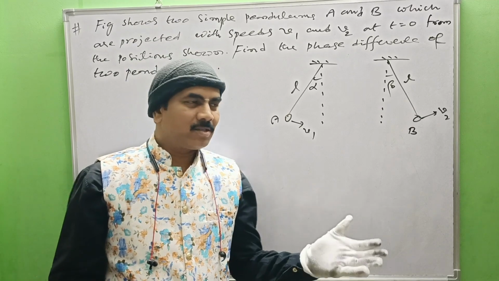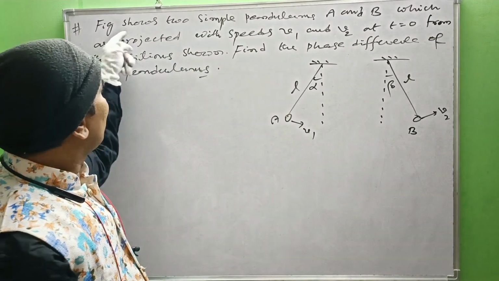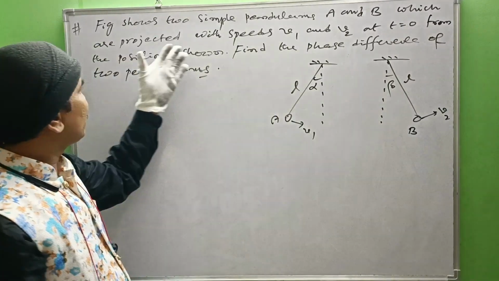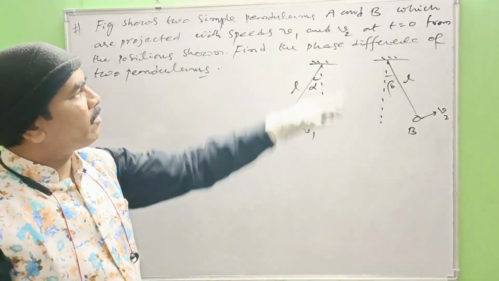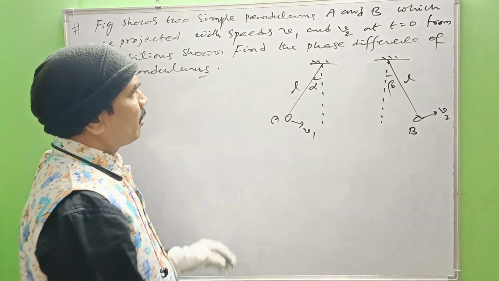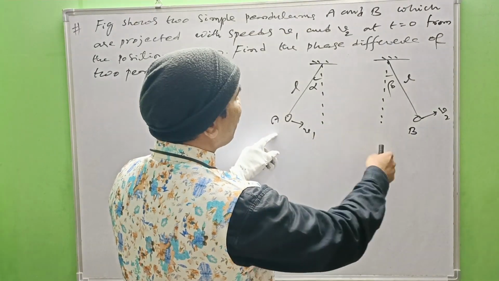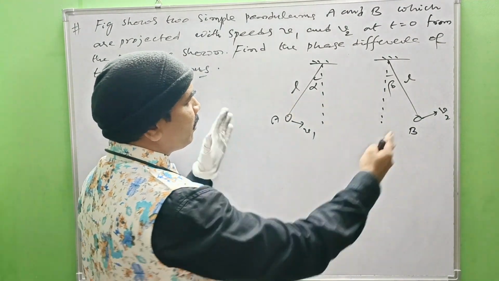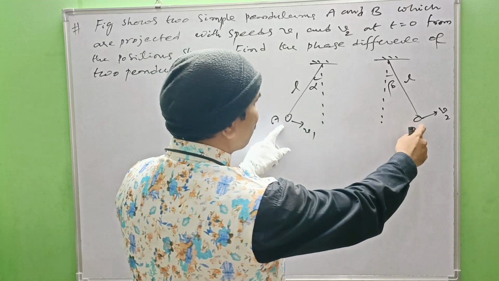Now the second model sum. The figure shows two simple pendulums A and B which are projected with speeds v1 and v2 at t equals 0 from the positions shown. Here you have two pendulums A and B of the same length L, right? Both are projected from these positions.